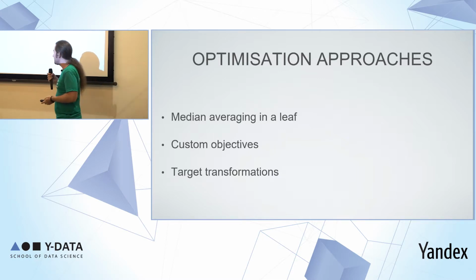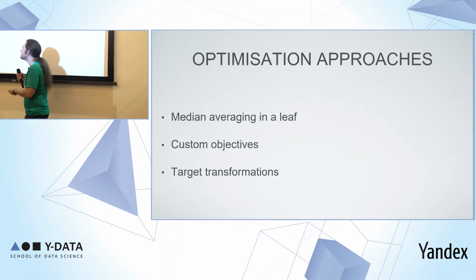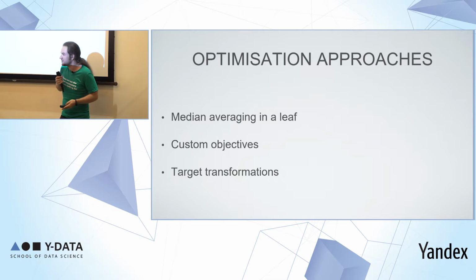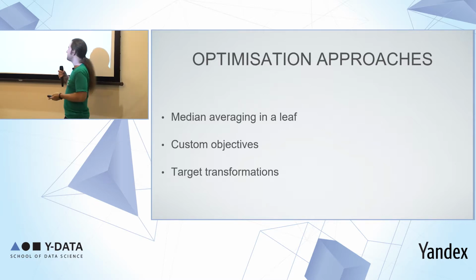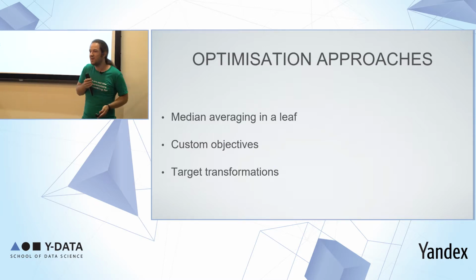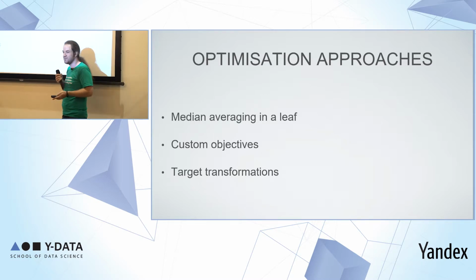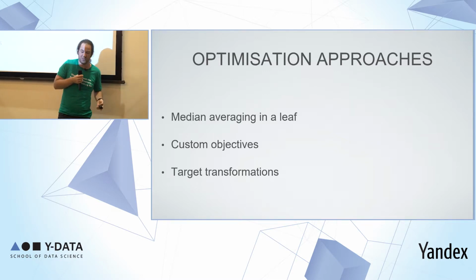So what are the approaches I would like to mention? First of all, for mean absolute error it is reasonable to average by the median inside a leaf of the decision tree, and this has actually been introduced into libraries for models with this metric.